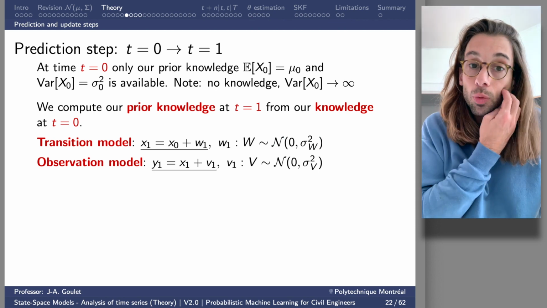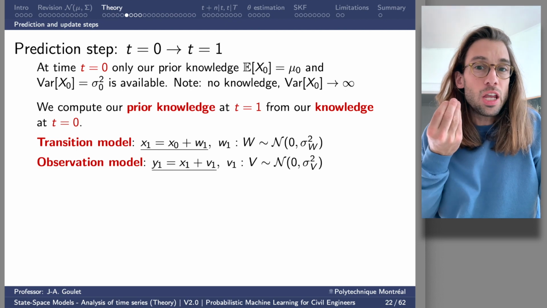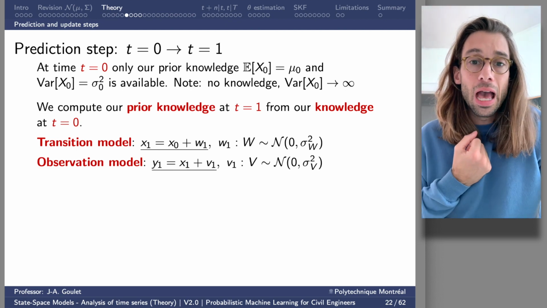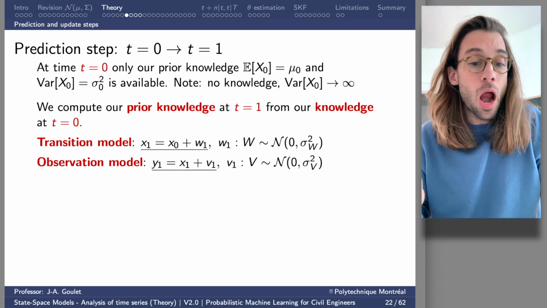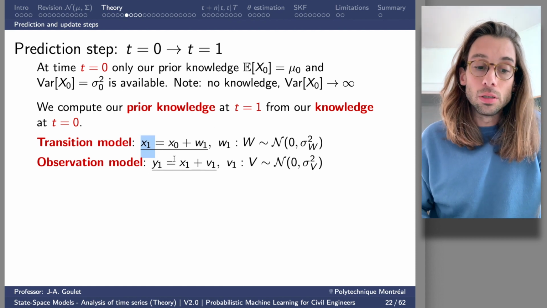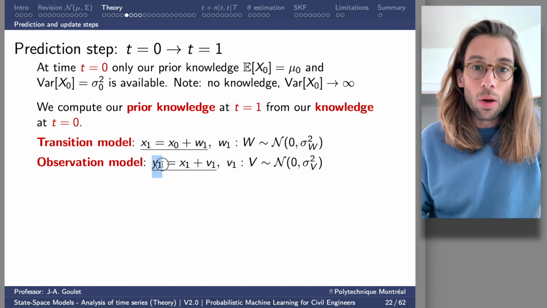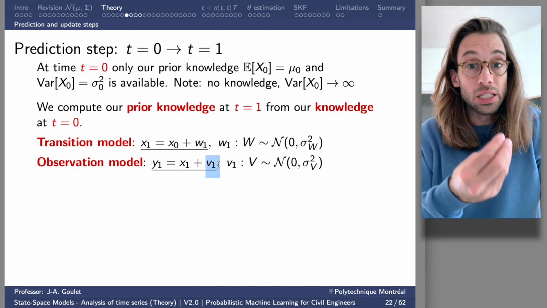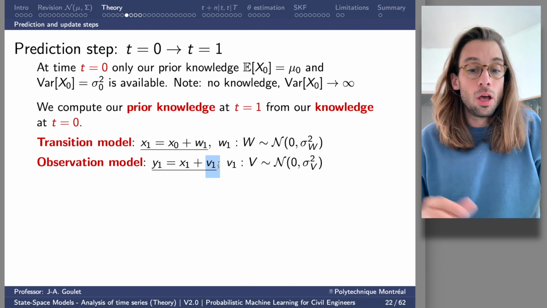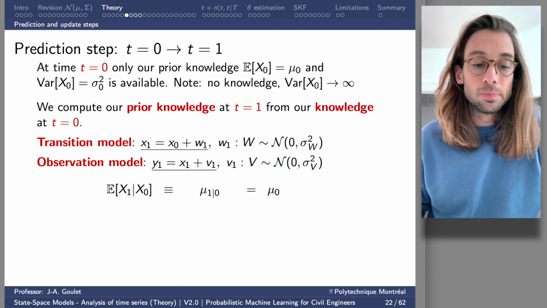Then if I want to propagate my prior knowledge of what could actually be my observation at time t equals 1, I'm going to again propagate my prior knowledge that I've gained here into my observation model. Okay, the observation model relates the possible observation y1 given x1 and v1, where v1 is a realization of my observation error, which is Gaussian, mean 0, variance sigma v squared.